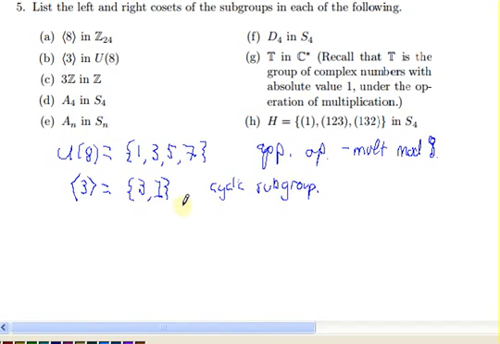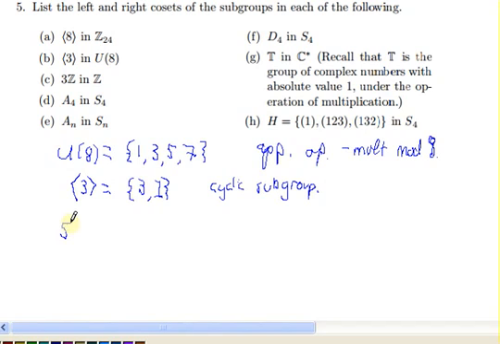All right. Now, notice that if I take all of the elements in this cyclic subgroup and multiply by another group element, I'll get another set. For instance, let me take the element 5.